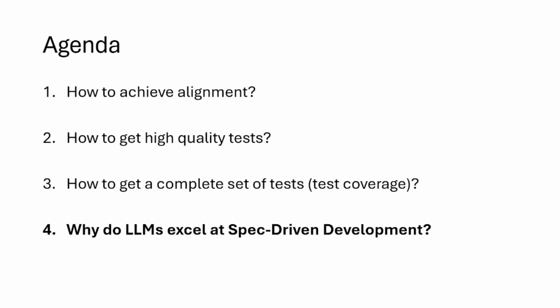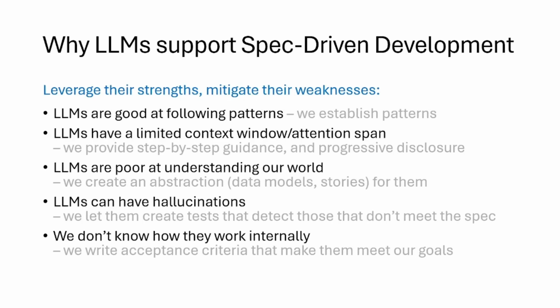Here's my take on why these LLMs perform so well at spec-driven development. It's all a matter of knowing their strengths and weaknesses, leveraging their strengths, and mitigating their weaknesses. We already know that LLMs are very good at following patterns. So what we do is establish those patterns. LLMs have a limited context window attention span. That's a weakness.